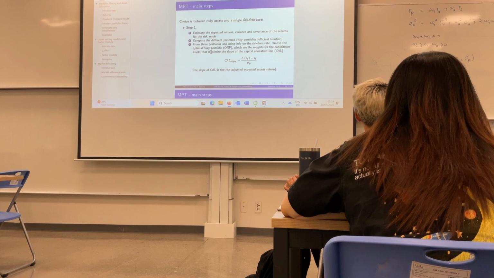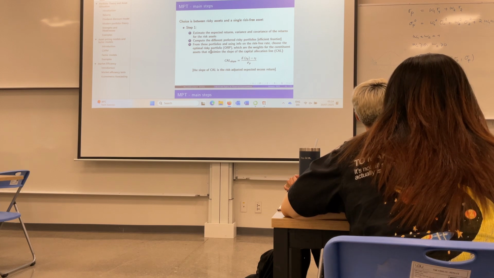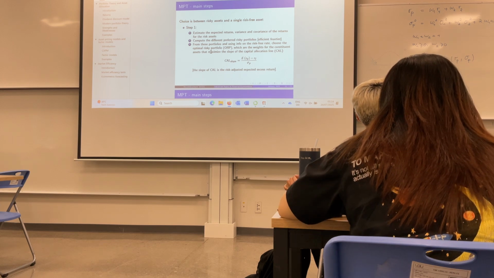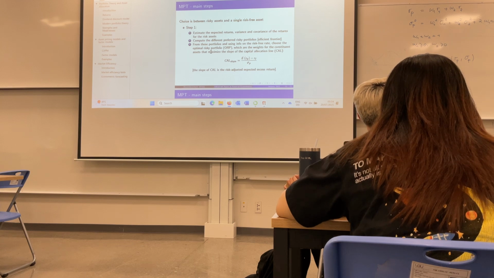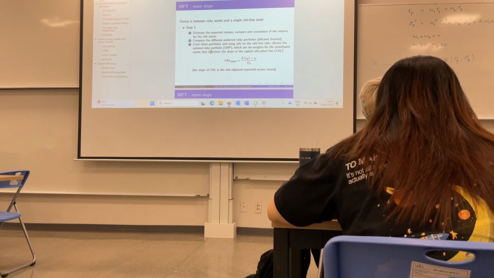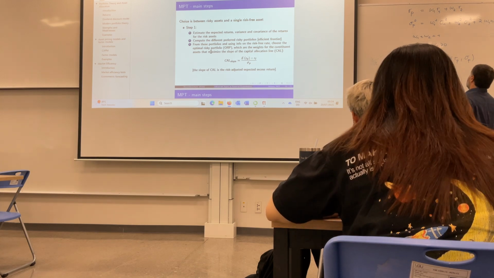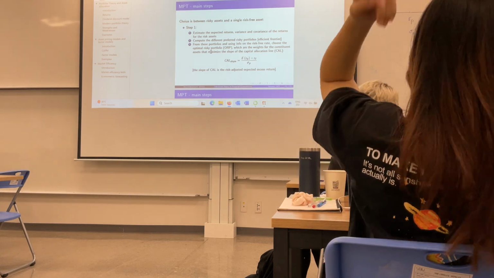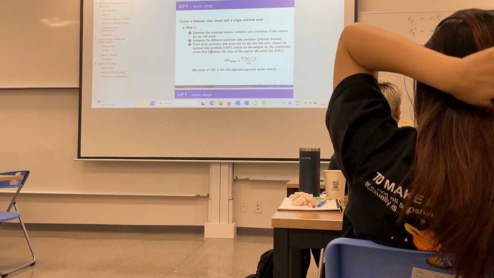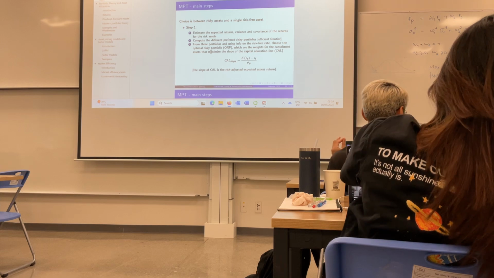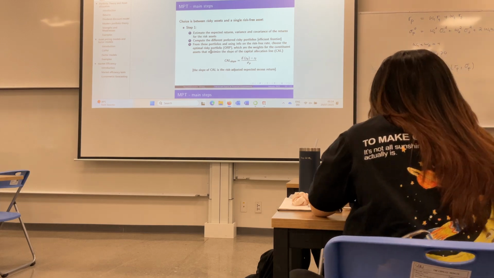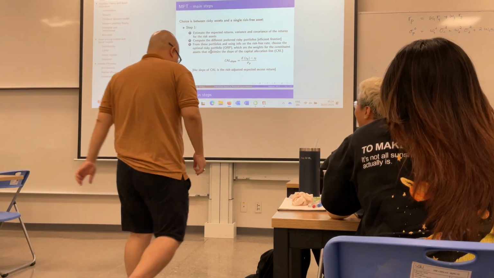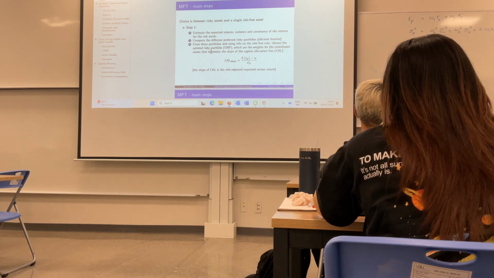So now, how do we calculate this risk as the utility? We need something that tells us what the utility function is. One of the ways that we could put together the utility is to use RP and the variance.